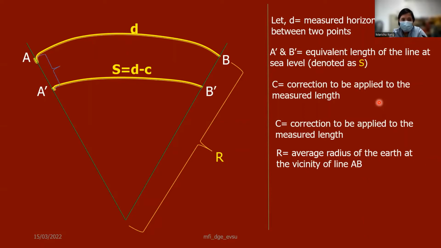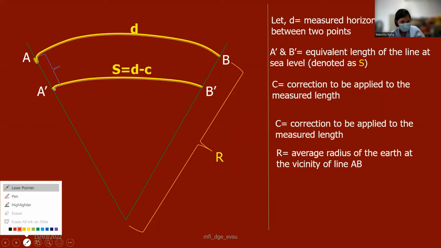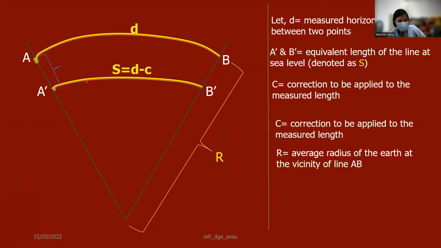And then ito, if this is zero elevation, let's write here. If this is 0 meter, then let's say, for example, this is 20 meter above mean sea level.